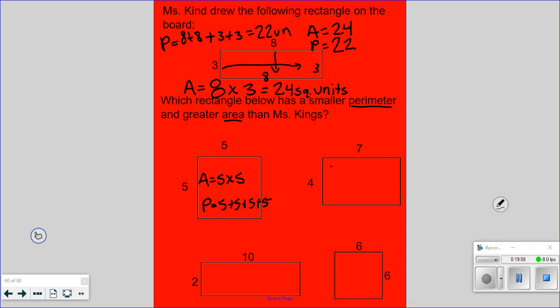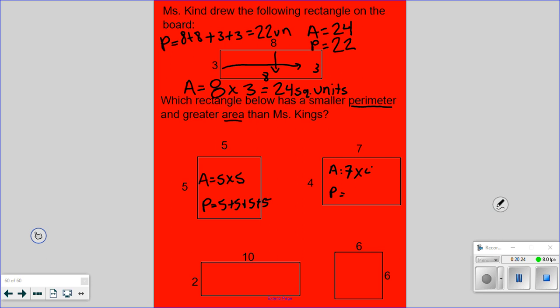Is it C or B? B. All right, what is the area equation for this shape? Lincoln? The area equation. 7 times 4. Perfect.